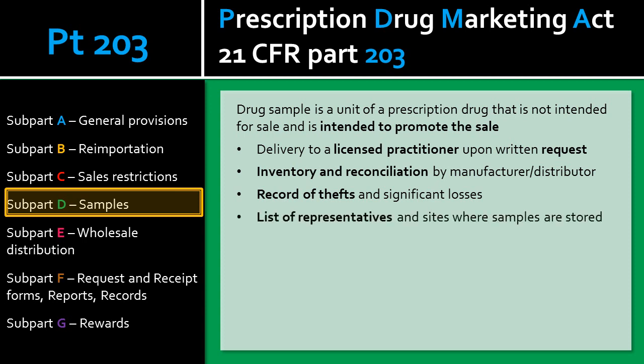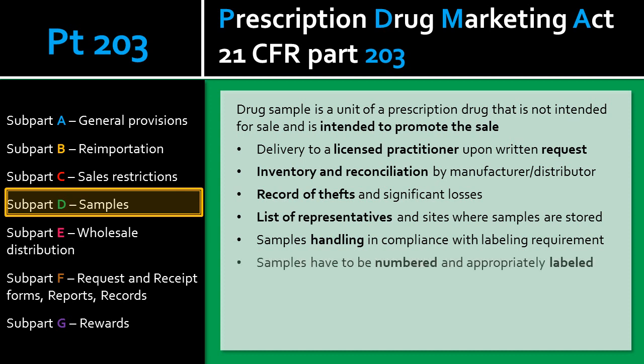Each manufacturer or authorized distributor also has to maintain a list of representatives who represent drug samples and of the sites where drug samples are stored. Distributors and representatives must handle the samples in compliance with the compendial and labeling requirements for the particular drug.